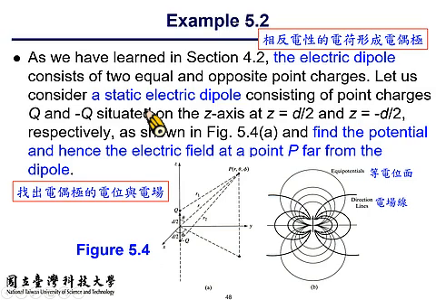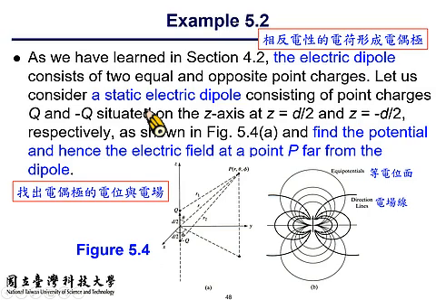Example 5.2 describes an electrical dipole, which contains two electrical point sources of the same magnitude, and the separation distance between the two charges is d, so you can imagine that the two point sources are located at these two positions, aligned with the z-axis, and the distance of Q and minus Q from the origin is the same.